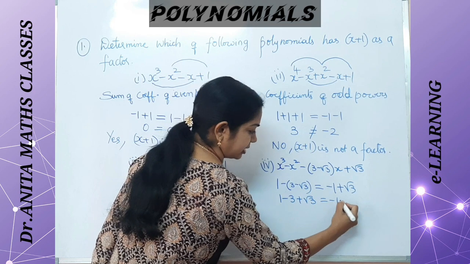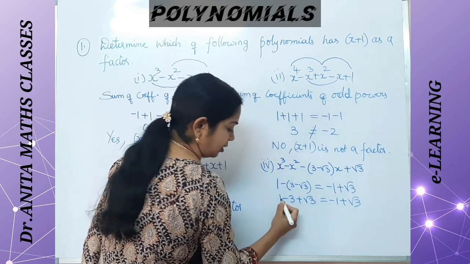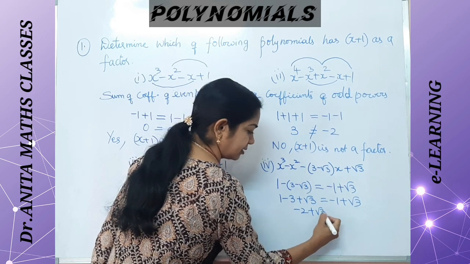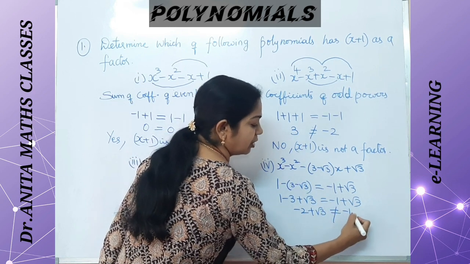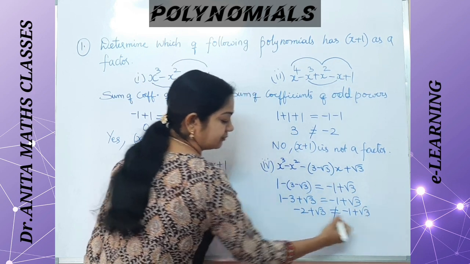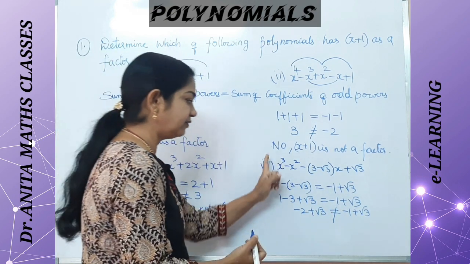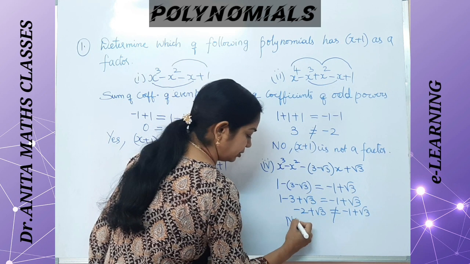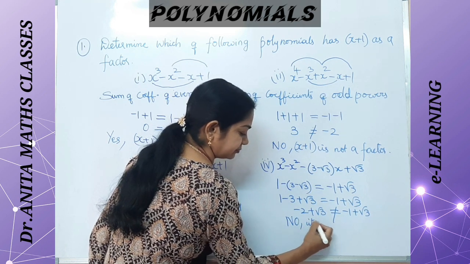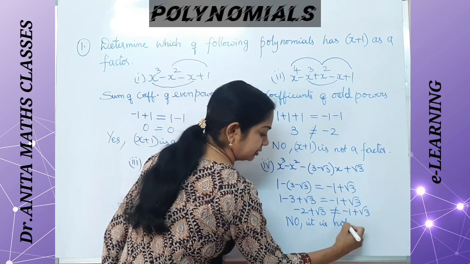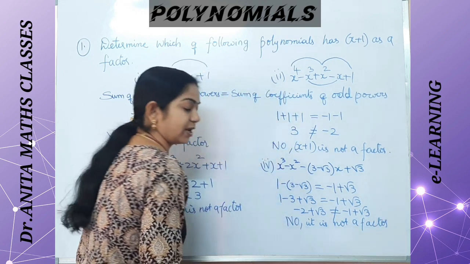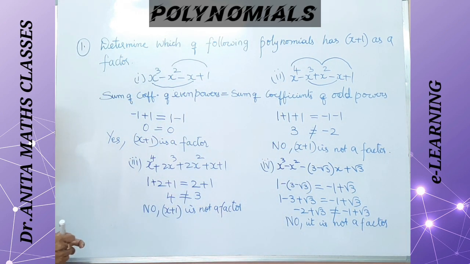So minus 1 plus root 3, and 1 minus 3 is minus 2 plus root 3. So this is not equal to minus 1 plus root 3. If you see the condition, the even powers are not equal to the odd powers. So no, it is not a factor. What is not a factor? X plus 1 is not a factor. Please pause the video and note it.